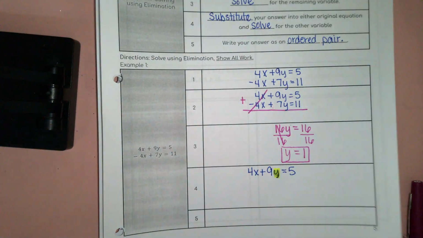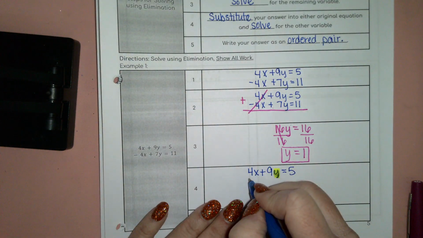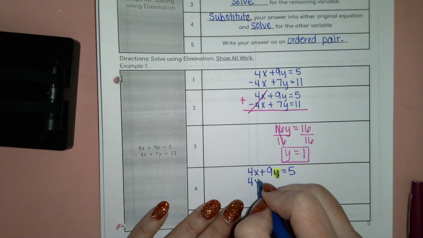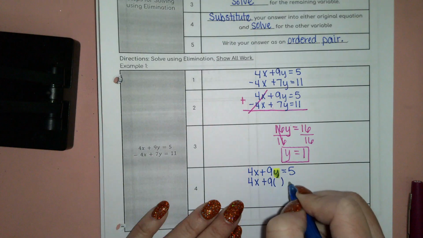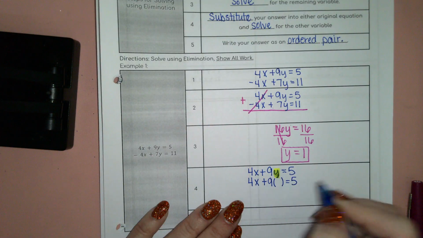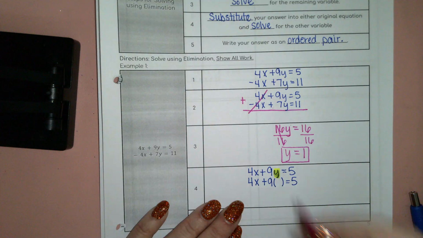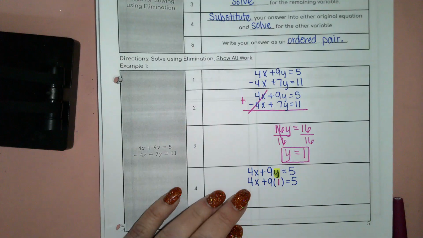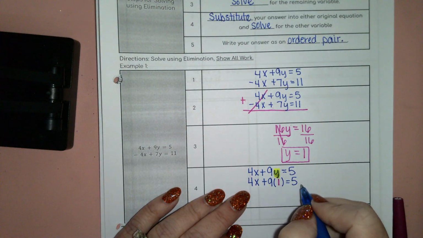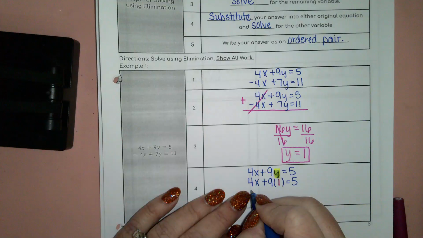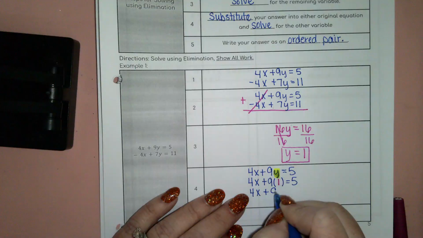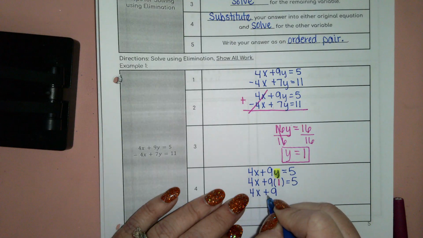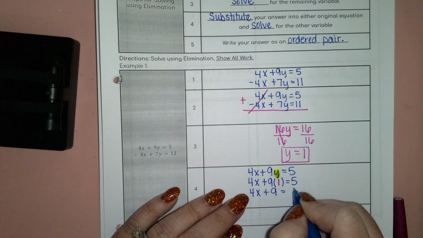Now remember, when you plug in a value for a variable, you use parentheses. And y was 1. So 4x plus 9 times 1 equals 5. What's 9 times 1? 9. So 4x plus 9 equals 5.